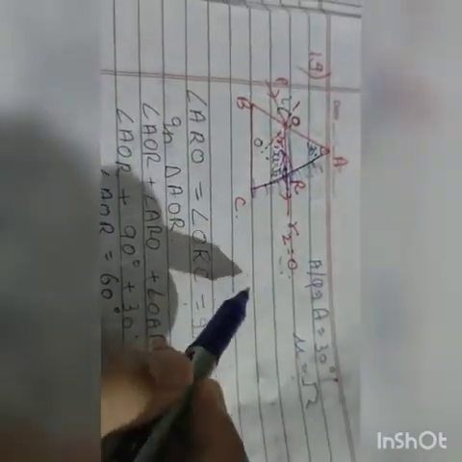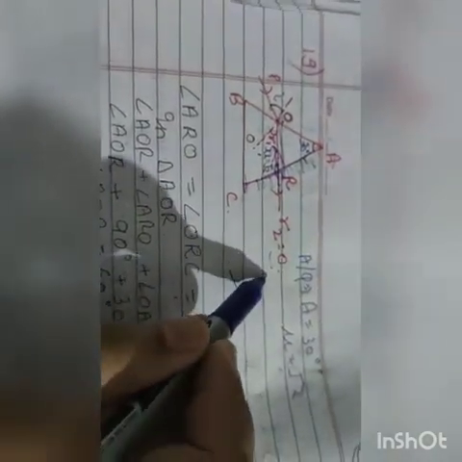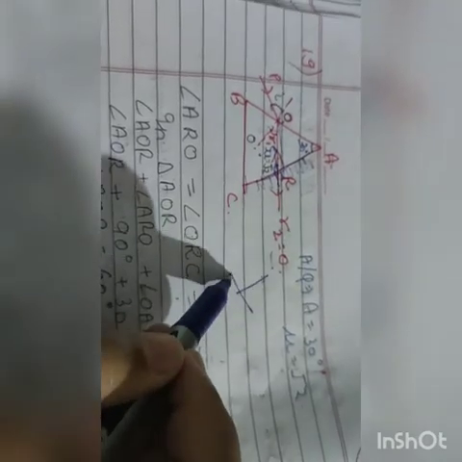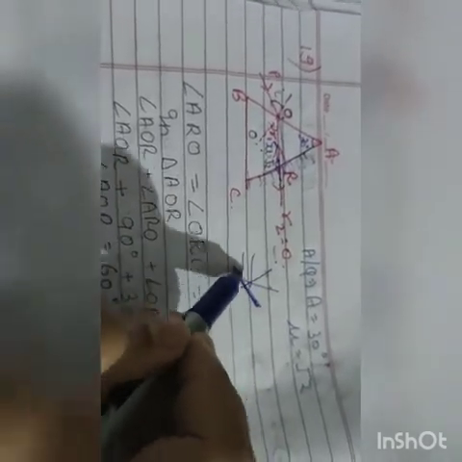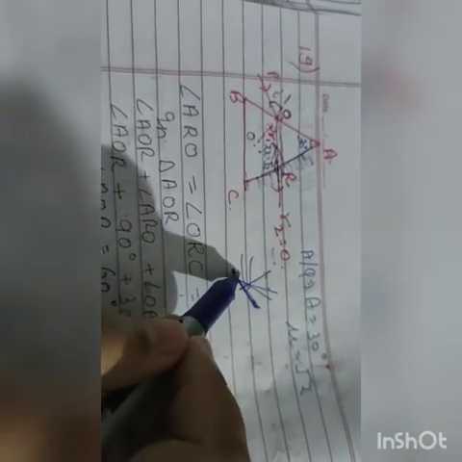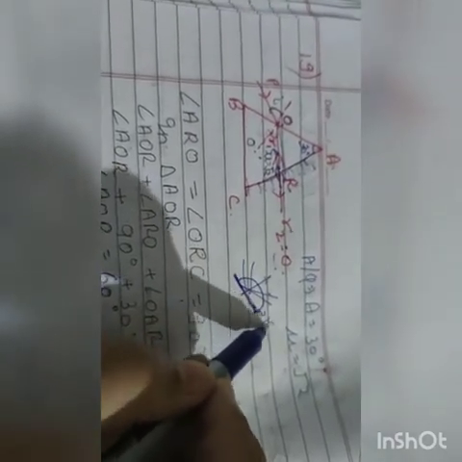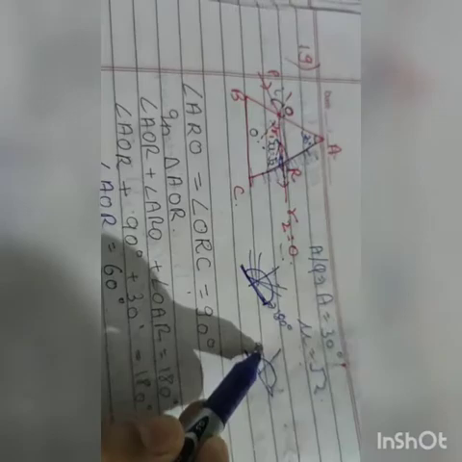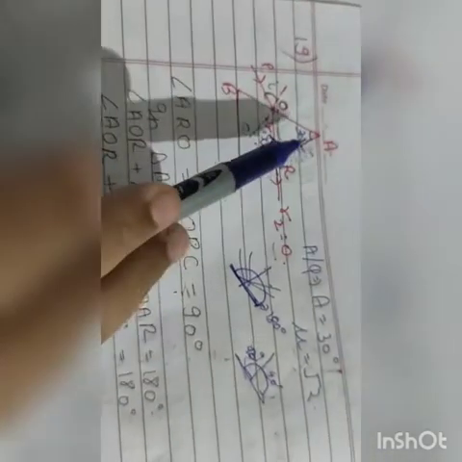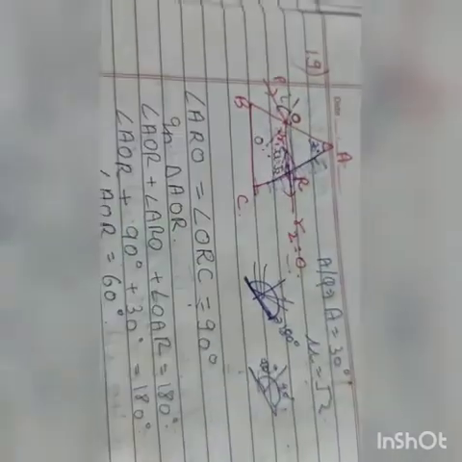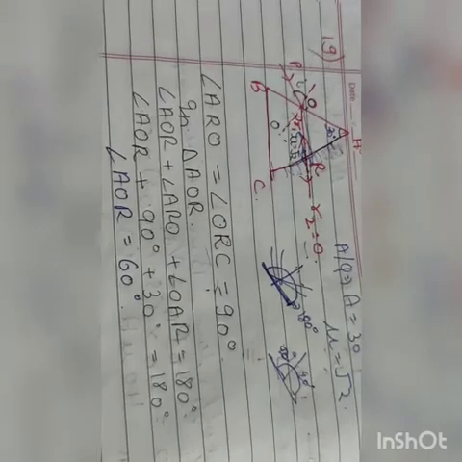We have just studied in maths that in a straight line, the total sum of the angles will be 180 degree. So here in this question, we can assume it 90 degree, 90 degree. In triangle AOR, see A, O and R, it is given in the question 30 degree.